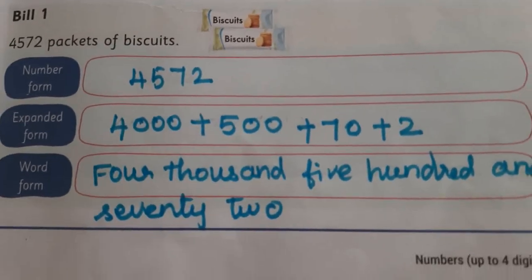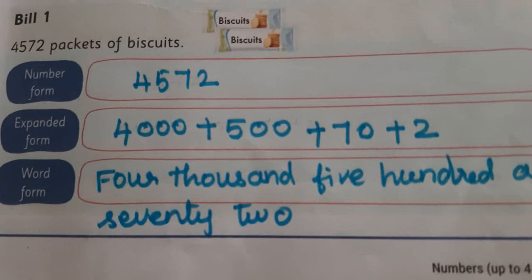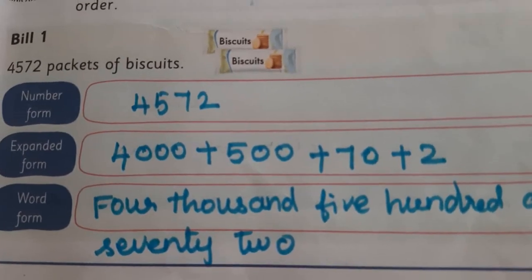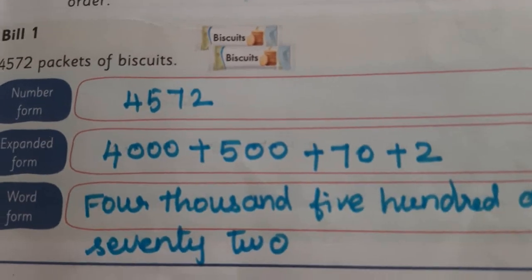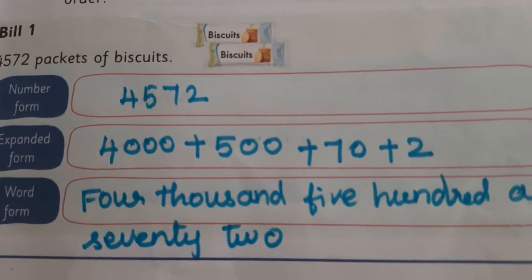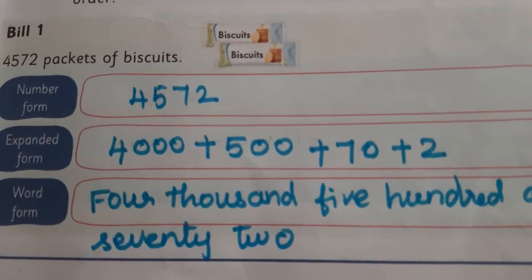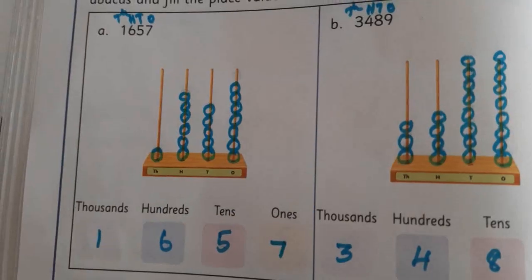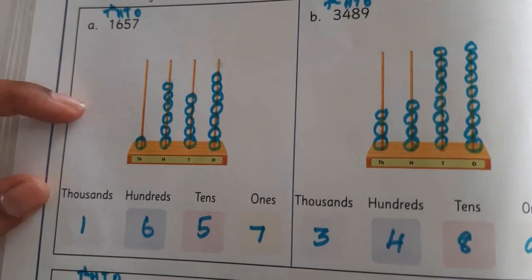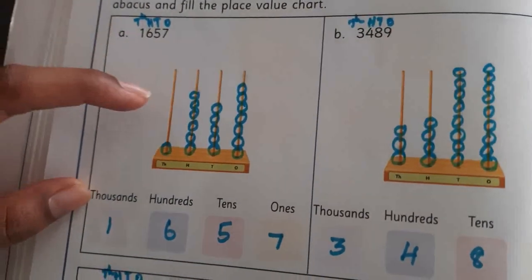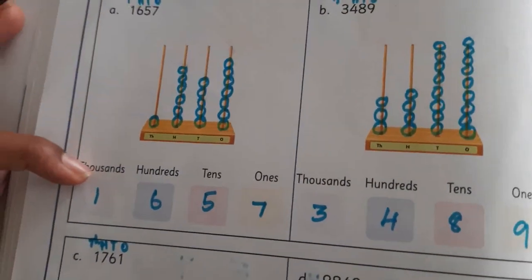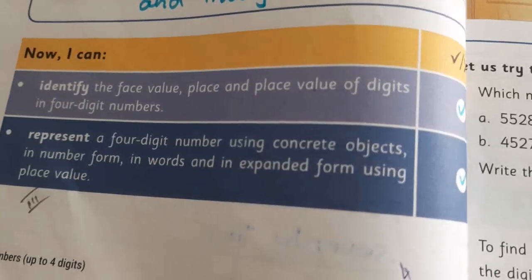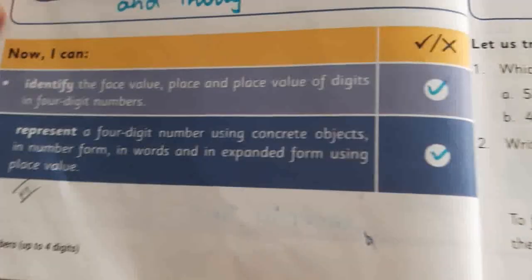You can represent a 4-digit number in word form, expanded form, number form, and also in the place value chart and the spike abacus, which I will show you. Yes, this is representing the 4-digit number in spike abacus and the place value chart. Any doubt?